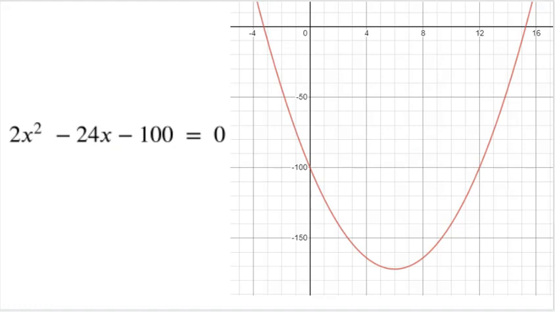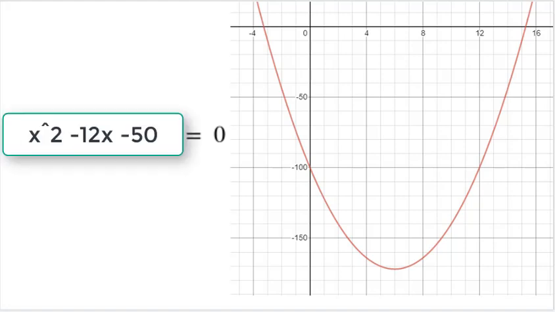Now, what happens when we have this? Now we've got a problem. If you tried to factor 2x squared minus 24x minus 100, you're not going to find any factors for it, right? If I divide both sides by 2, I get x squared minus 12x minus 50. What two factors of 50 can you use where the difference of those factors would give you 12?